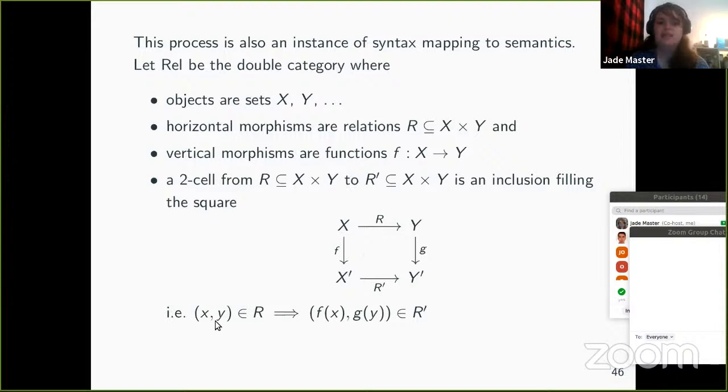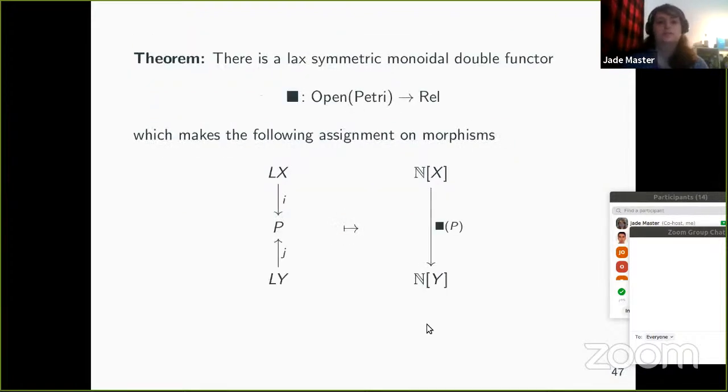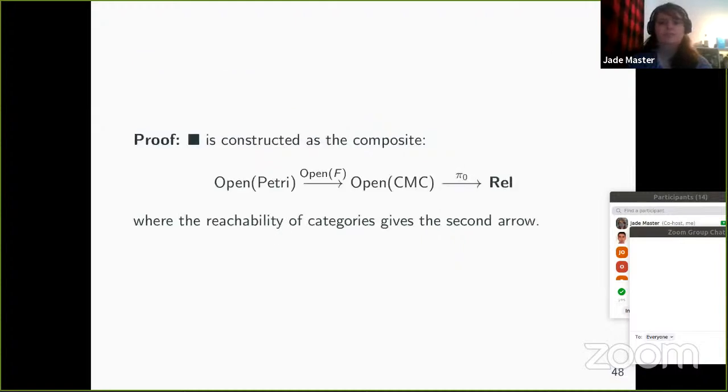So if x and y is in the first relation, then f of x, g of y is in the second relation. And this reachability process is also a symmetric monoidal double functor. And it makes this assignment on morphisms. It turns an open Petri net into its reachability relation.